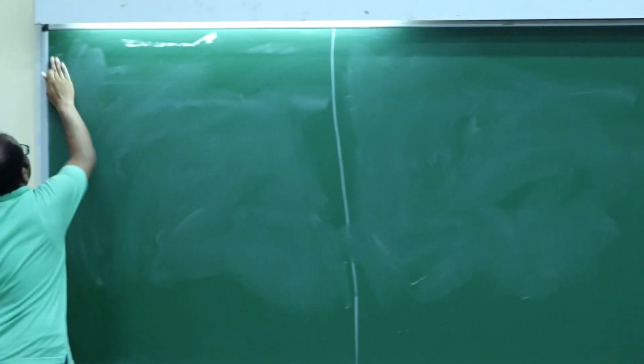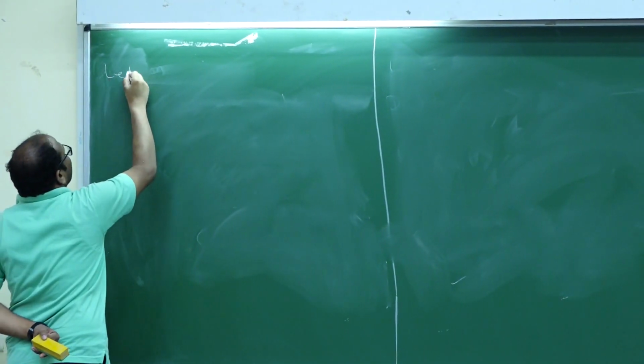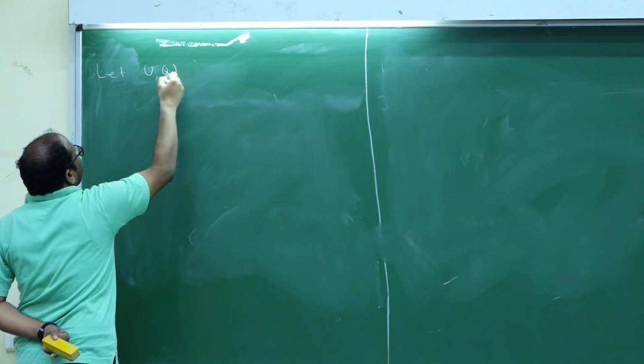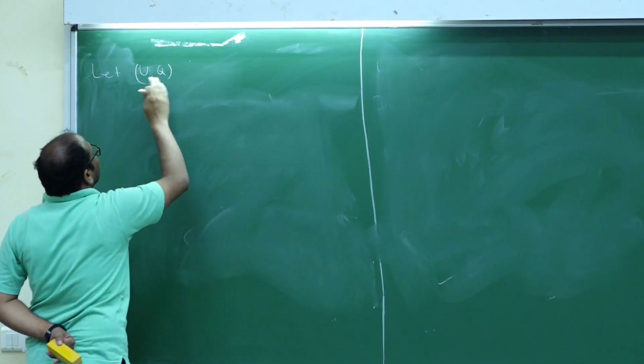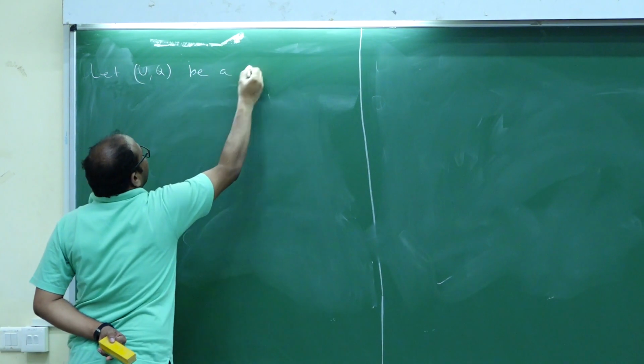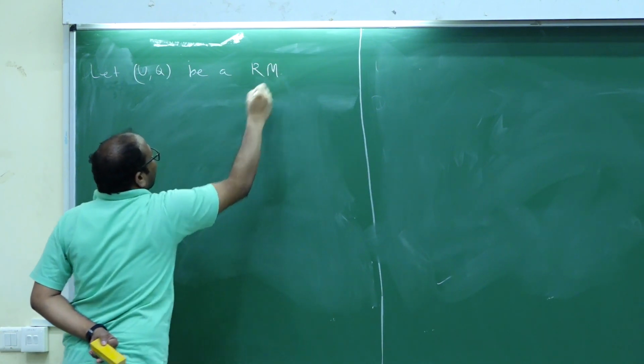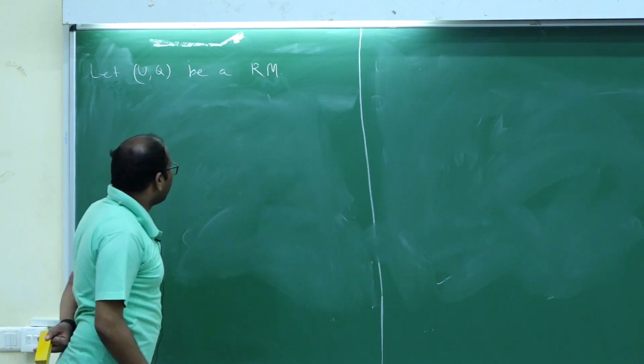So let U comma Q be a Riemann element. Remember, this RM stands for Riemann element.